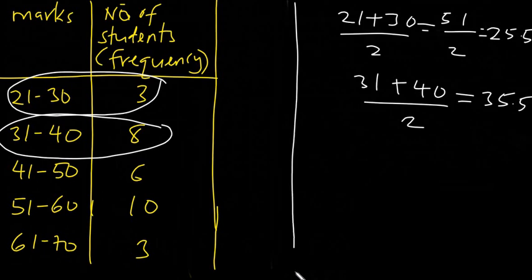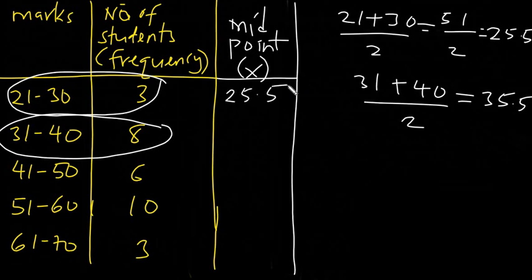This means that we're going to create another column that we're going to call the midpoint mark, or simply denote it as X. So the value for the first one is going to be 25.5. For the second one, it's going to be 35.5.